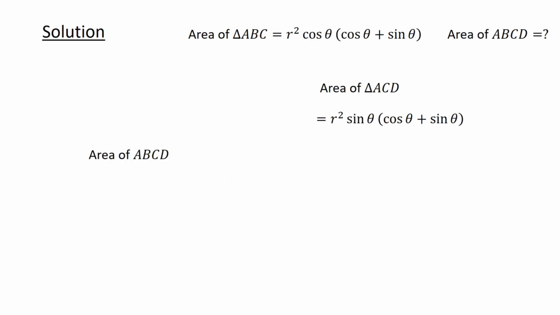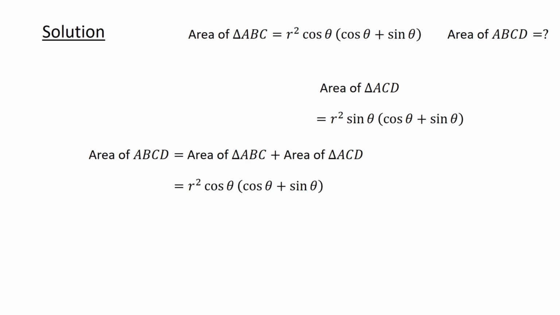The area of ABCD, which is the sum of the area of the two triangles, thus equals r squared cosine theta times (cosine theta plus sine theta) plus r squared sine theta times (cosine theta plus sine theta).